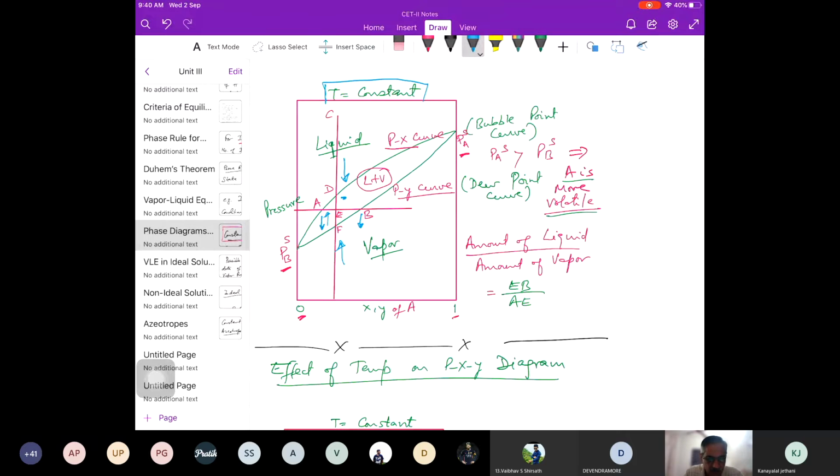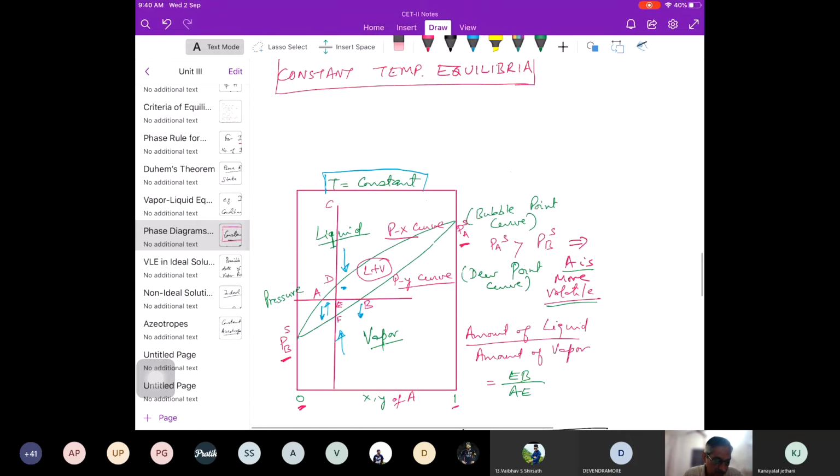Exactly similar to XY curve. The only thing is we are playing with the pressure now instead of temperature. And the amount of liquid to amount of vapor, again by the same lever arm principle, is given by EB upon AE. Any questions, doubts on this diagram?